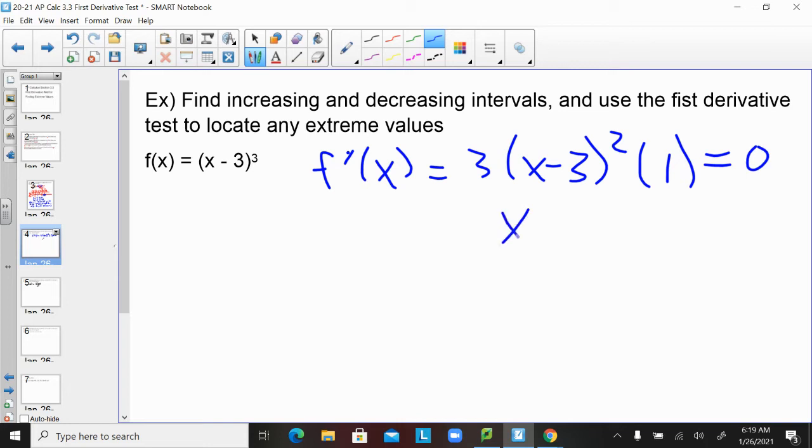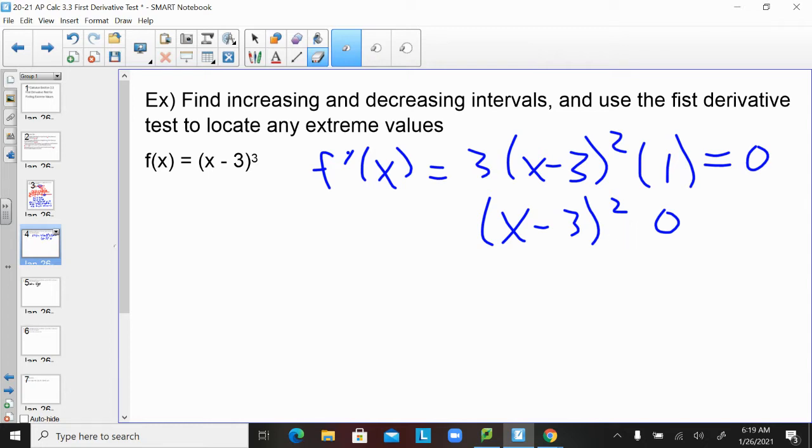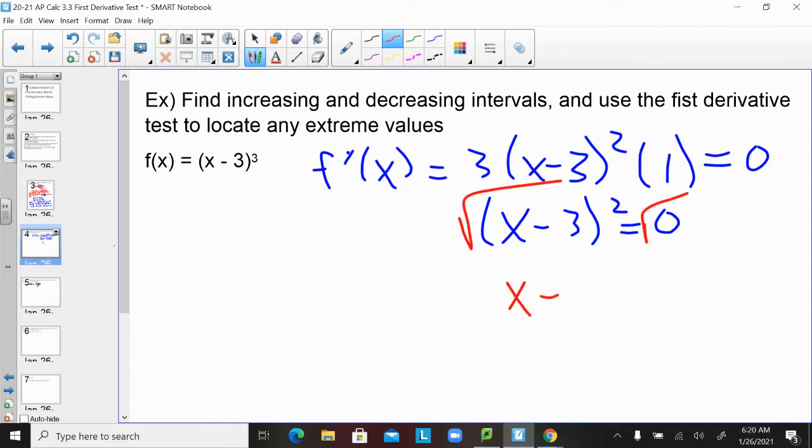I get x minus 3 squared equals 0. I square root both sides. I get x minus 3 equals 0 and x equals 3. There's my critical number, 3. Only appears to be one critical number.